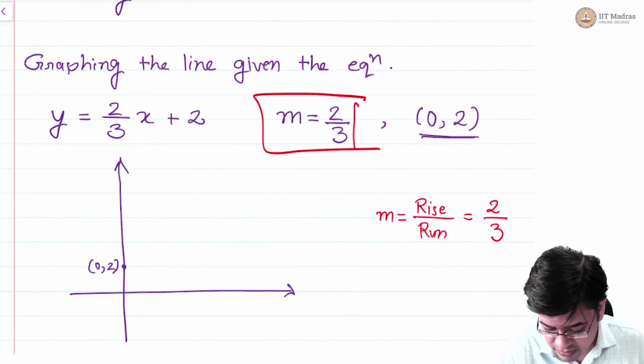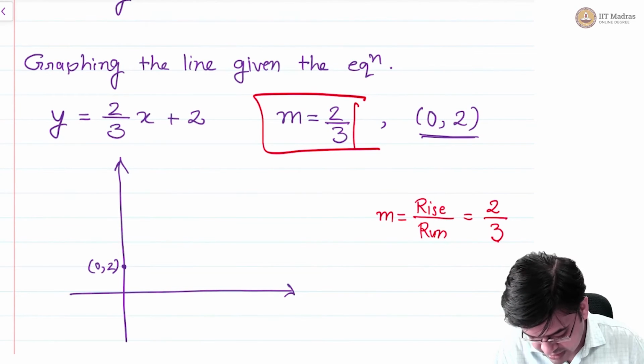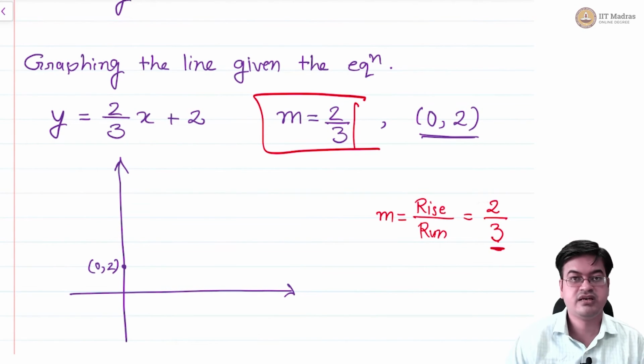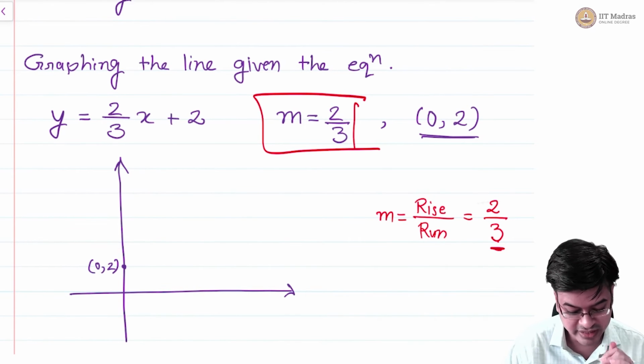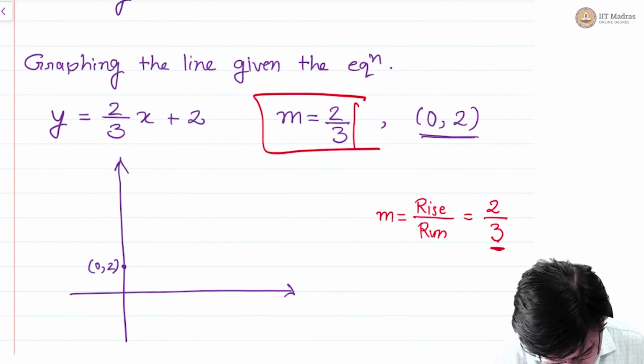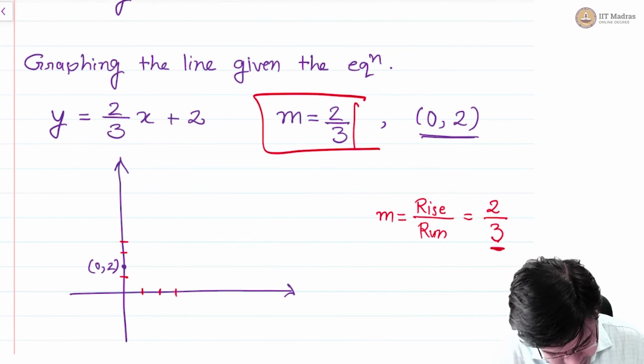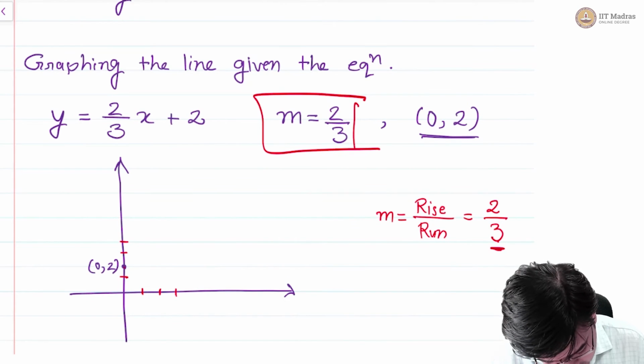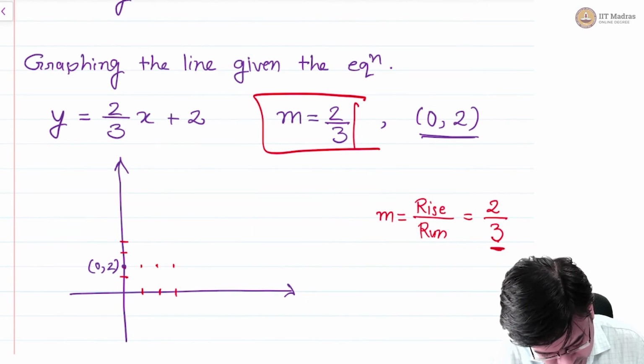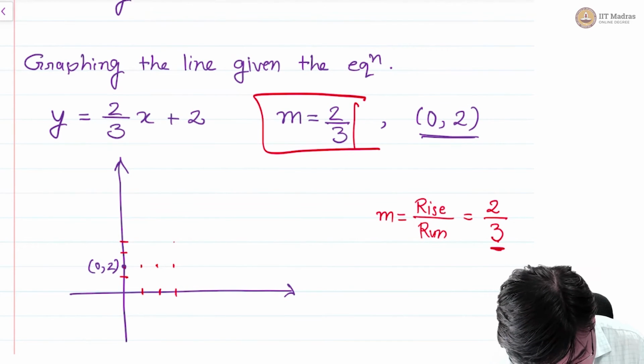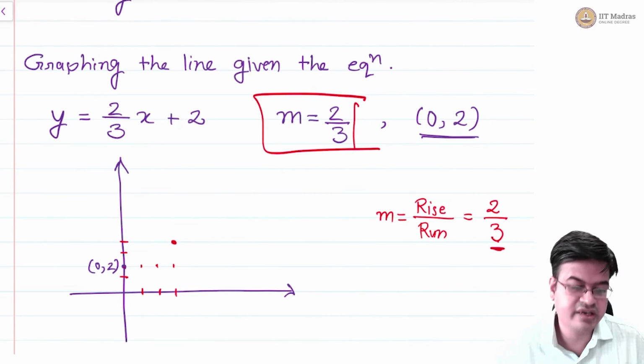That means if you travel 3 units on the x-axis, you will travel 2 units on the y-axis. So let us travel 1, 2 and 3 units, and based on our notion, these will be the 2 units. So for every 3 units of travel on the x-axis, you will travel 2 units on the y-axis. So you will be somewhere here.